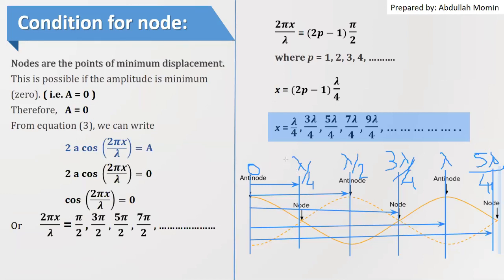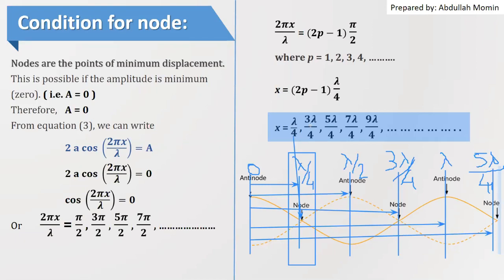You can clearly see that this point is a node and its distance from the initial point is lambda by 4. So at lambda by 4 we are getting the first node. This is the position of the node.